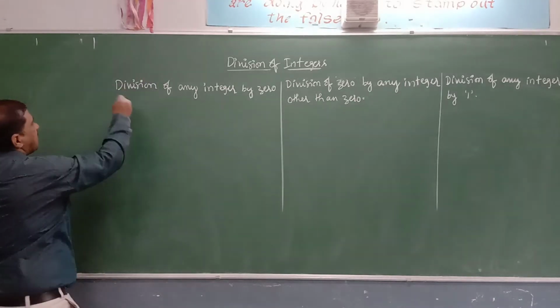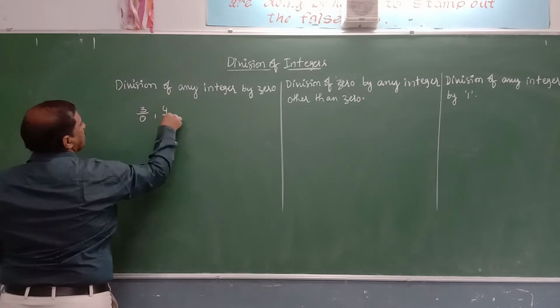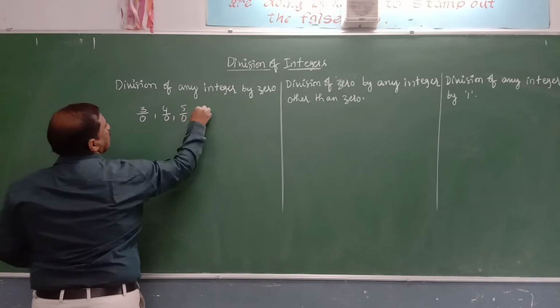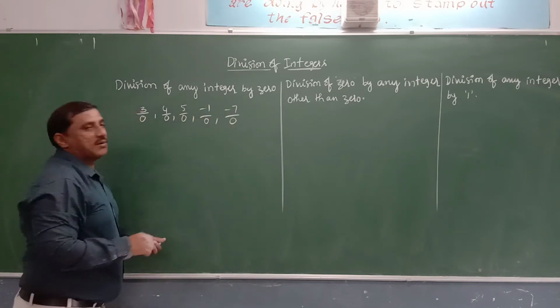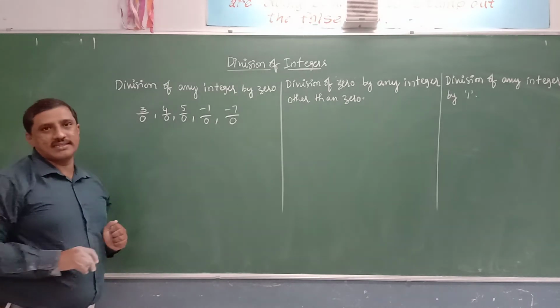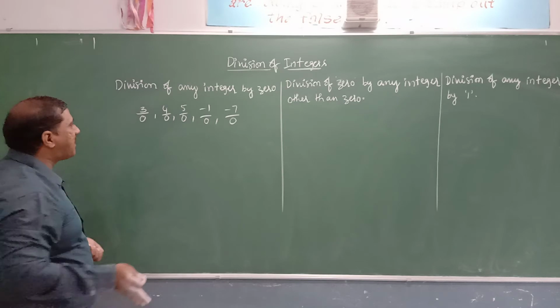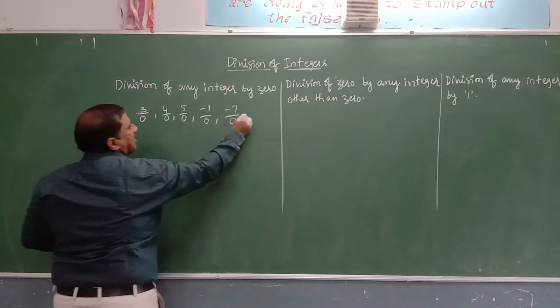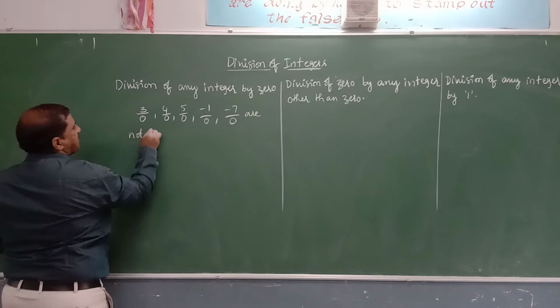For example, 3 by 0 or 4 by 0, 5 by 0, minus 1 by 0, minus 7 by 0. All are meaningless. They cannot be determined. So all these are not determined.